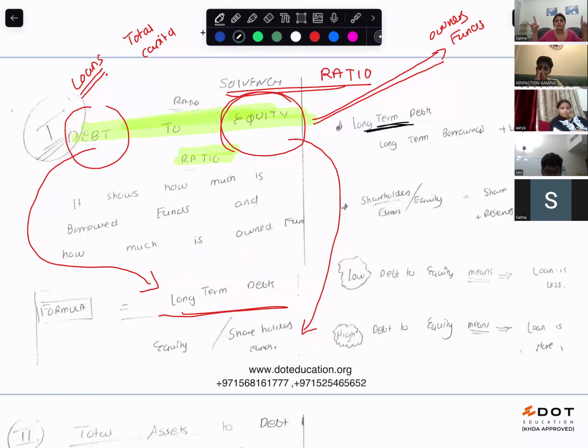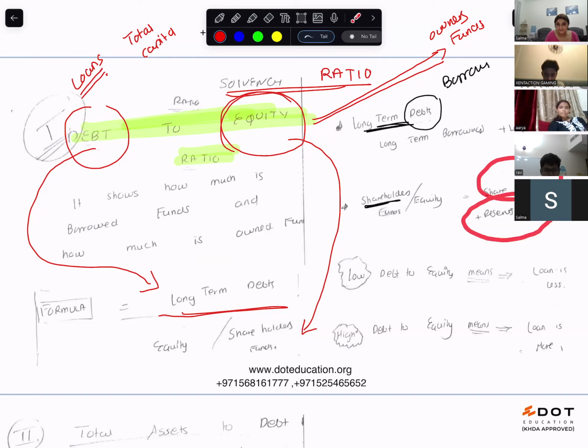It will be your long-term borrowings plus your long-term provisions. And how do you get your equity? Equity means your shareholders' funds. It will be your share capital plus your reserves and surplus.